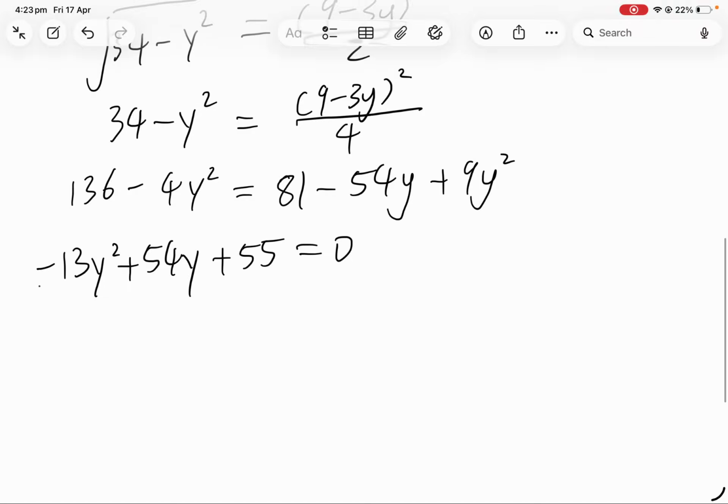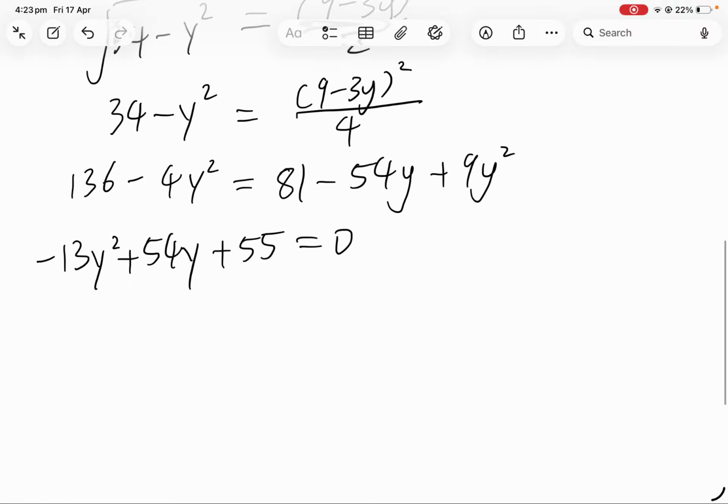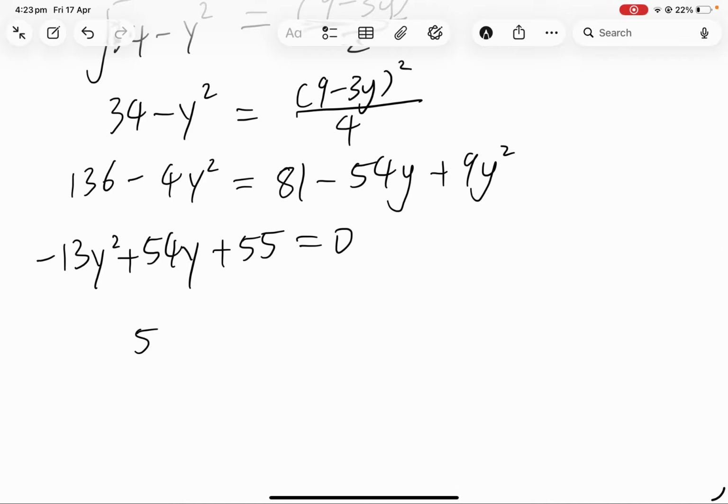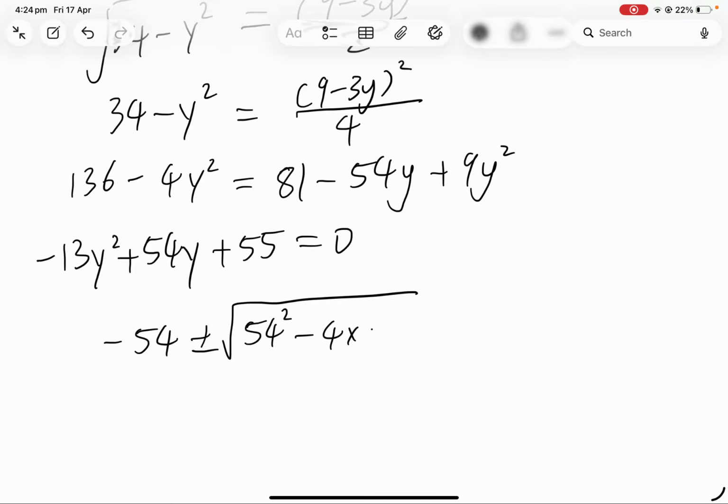Okay, we can use the quadratic formula. That's negative 54 plus or minus the square root of 54 squared take 4 times negative 13 times 55, all over negative 26.